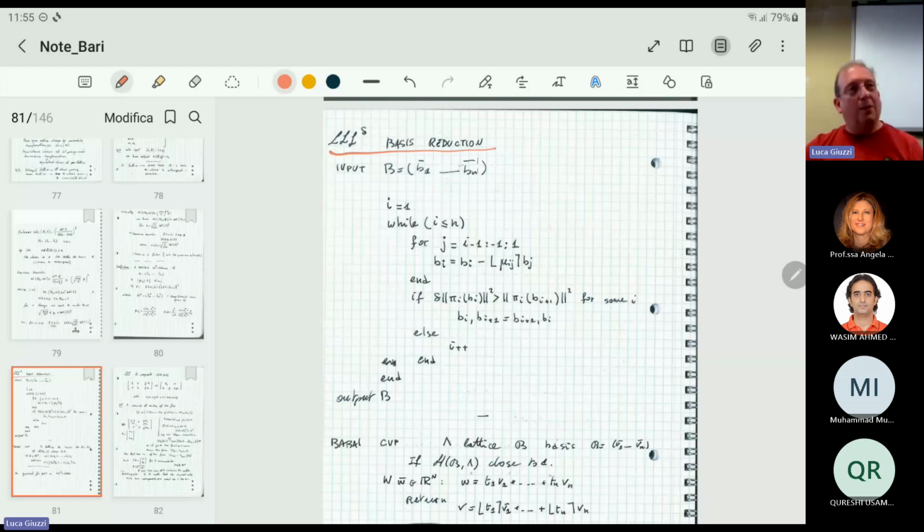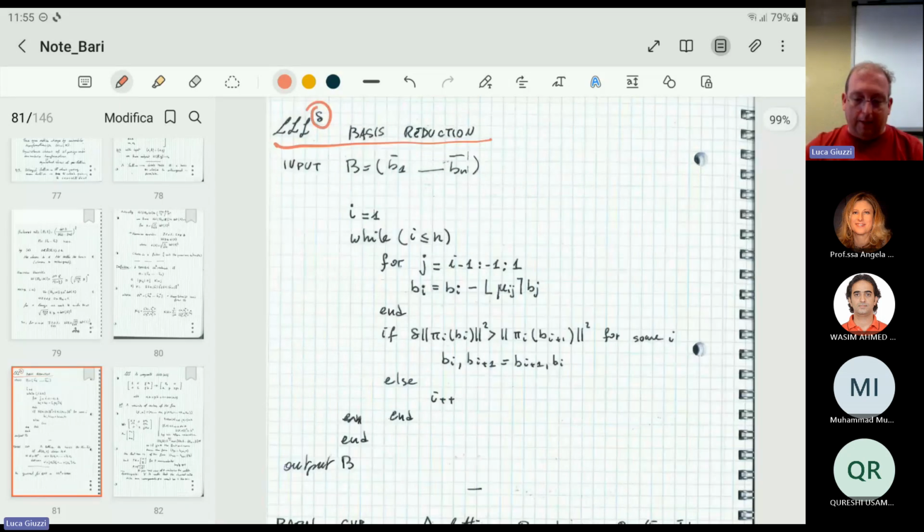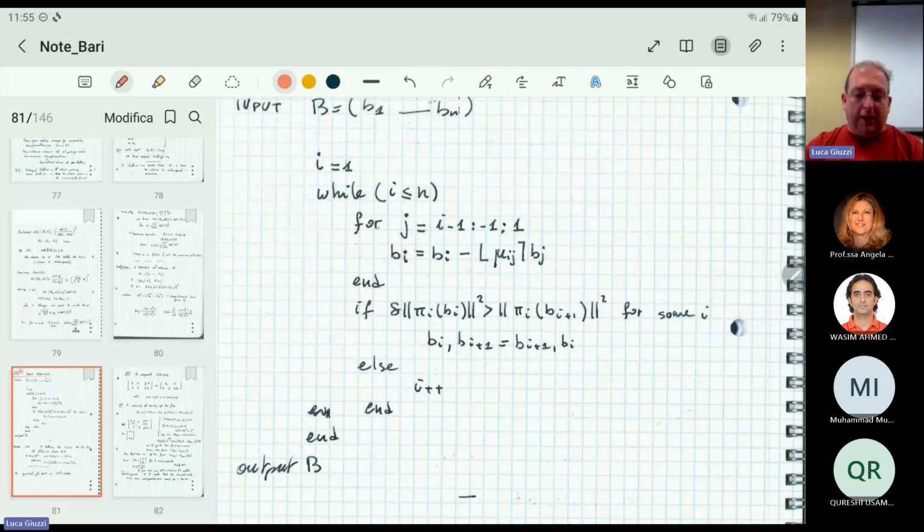It's Gram-Schmidt, once more. It's Gram-Schmidt working over the integers and with a factor delta, which basically controls how good the result is going to turn out to be. As you can see from what's written here, at each step we subtract from each vector its projection on the remaining vectors of a basis.